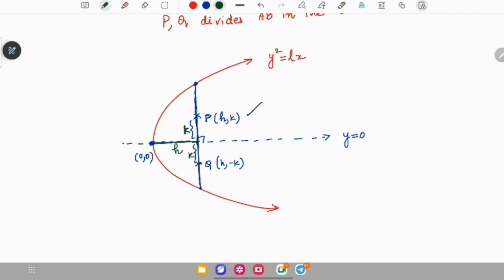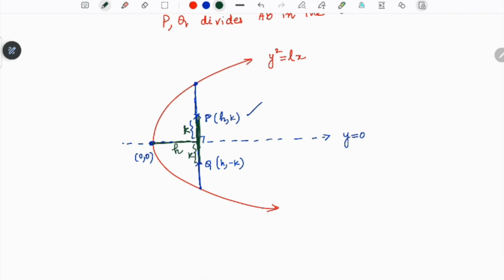That means what is PQ distance now? That is 2k. If PQ distance is 2k, suppose we have a situation like this. I am saying P and Q are points of trisection. This is 2k. Then what should be AP distance and QB distance? AP should also be 2k. QB should also be 2k.